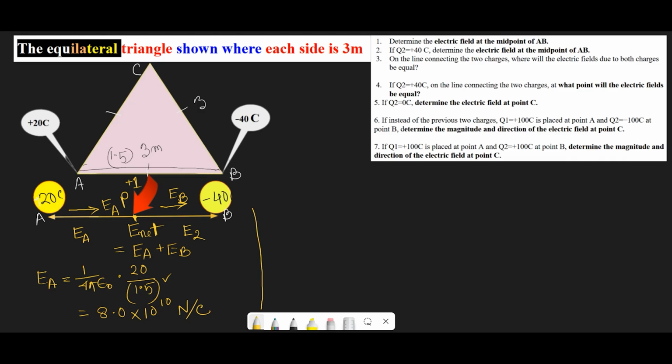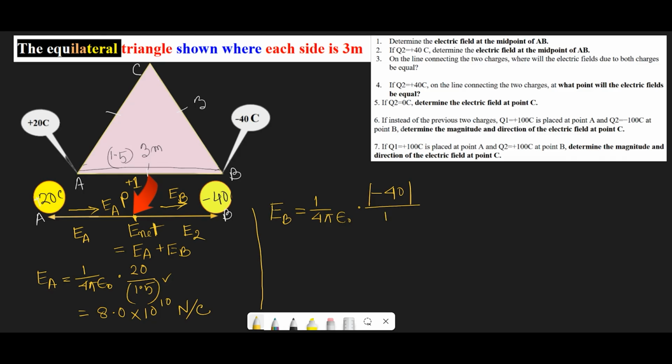Now, what will be EB? EB will be the same as 1 by 4 pi epsilon naught. The charge will be minus 40. We know that for electric field, the charge being positive or negative doesn't matter.